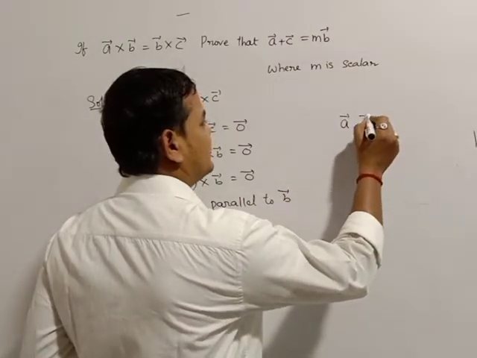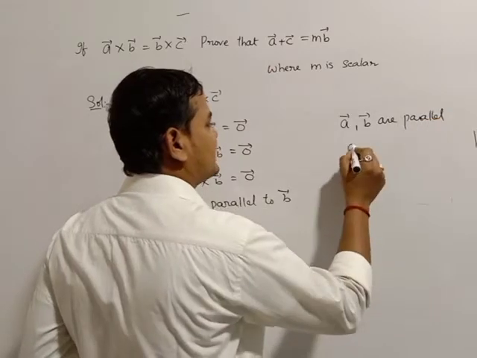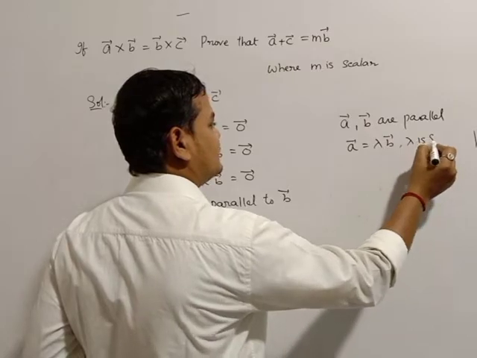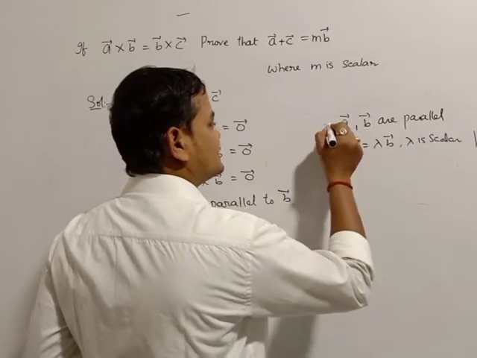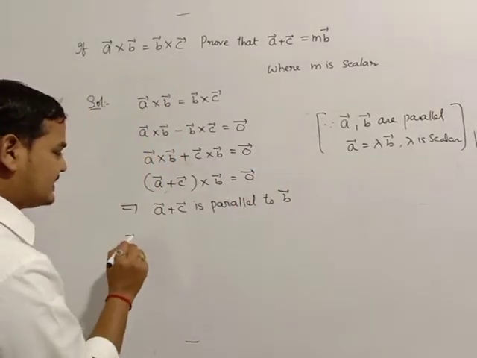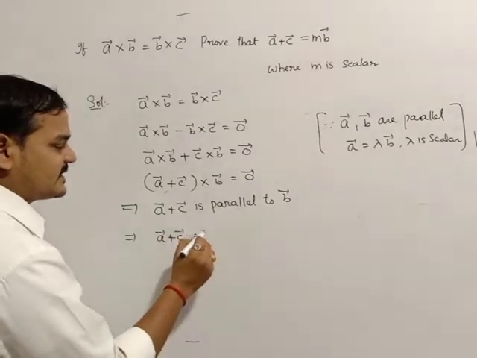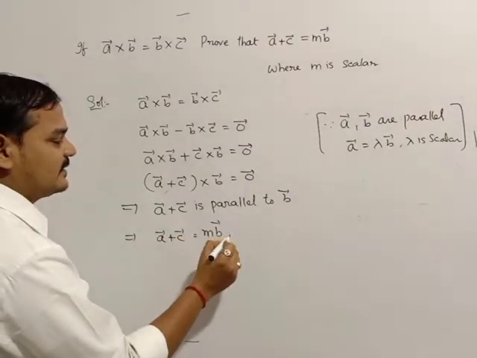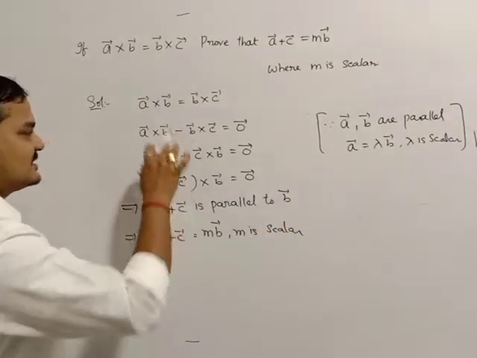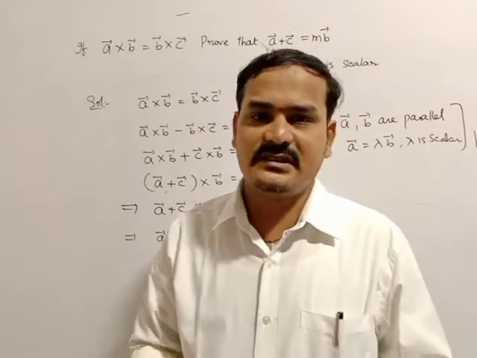If A bar and B bar are parallel, then A bar is equal to some lambda times B bar, for lambda any scalar. This is the definition of the parallel condition. Using that, A bar plus C bar is equal to M B bar, where M is a scalar. There are only 6 steps in total, yet they repeatedly ask this as a 4 marks question.